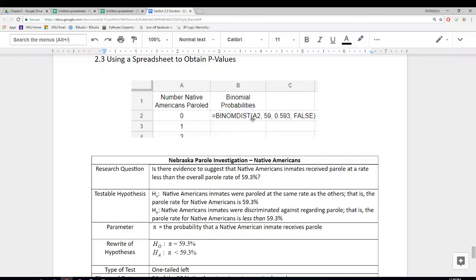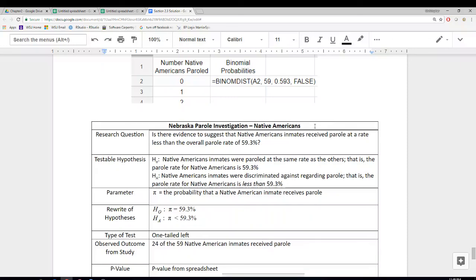My BINOM.DIST function looks as it is here, with A2 where my list starts, 59 as the number of Native Americans I have, and 0.593, saying that 59.3% of the people up for parole received parole. Then the last setting would be set to false again.